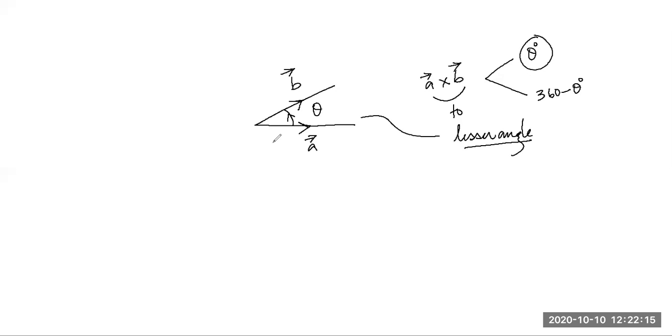Curl your fingers from A to B. Curl your fingers in this direction of your right hand. So can you see that your thumb points outside? Thumb points not inside your mobile screen, but towards your eyes, towards your face. Can you see that?